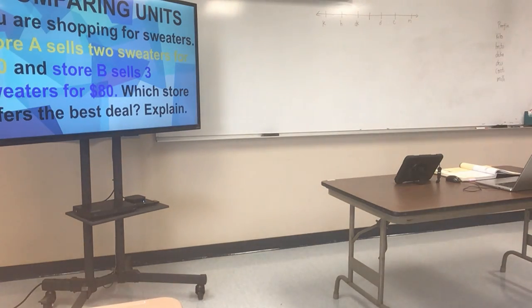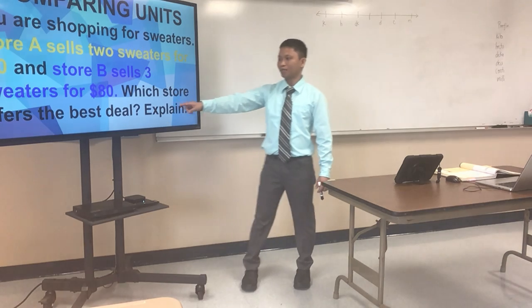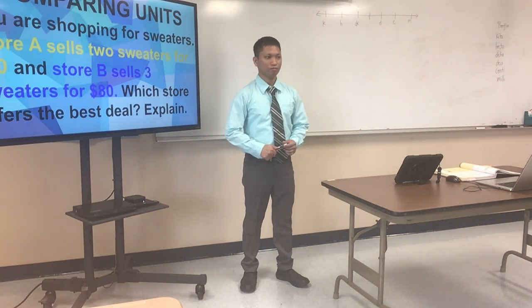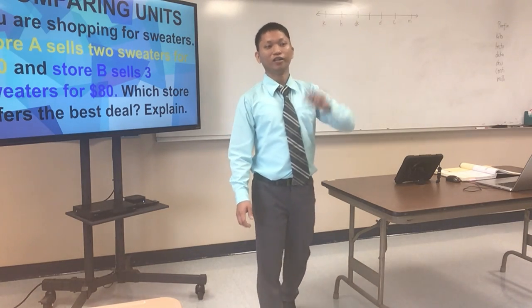How are you going to identify which store has the best deal? You have to divide it. Yes, very good. You are going to divide. We are going to compare.